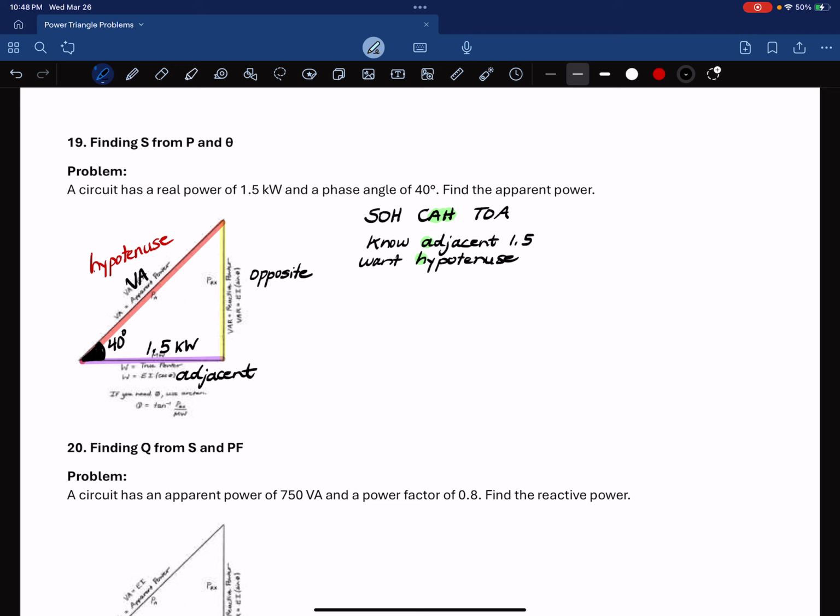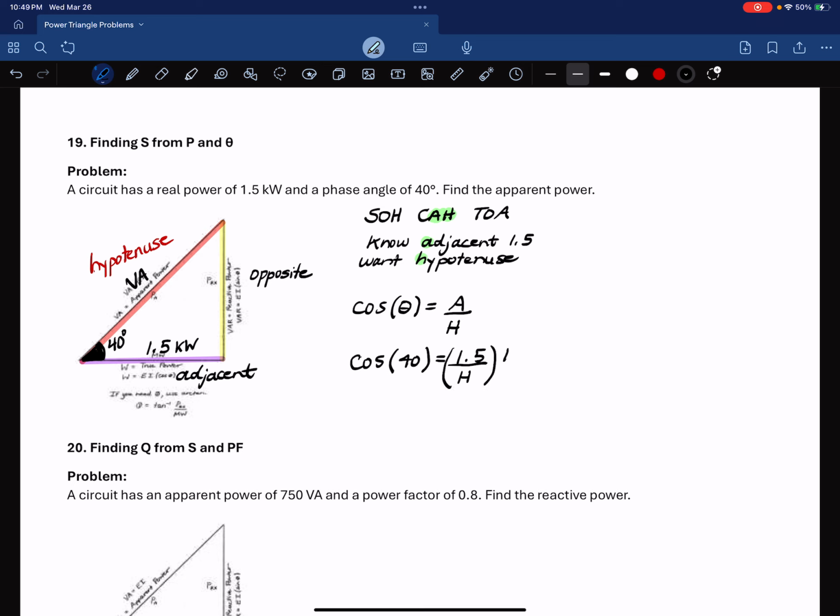The cosine ratio says the cosine of theta is equal to adjacent over hypotenuse. So the cosine of theta, that's 40, is equal to the adjacent over the hypotenuse.